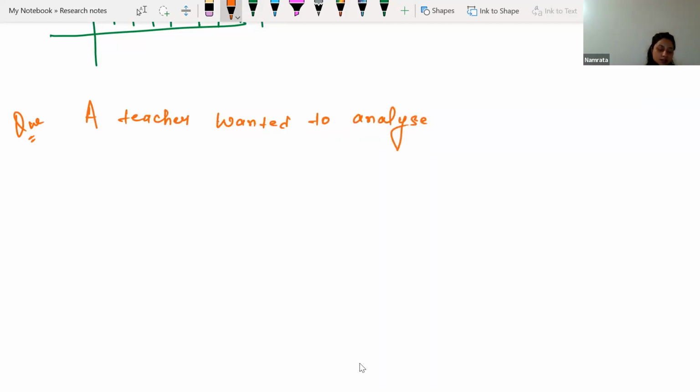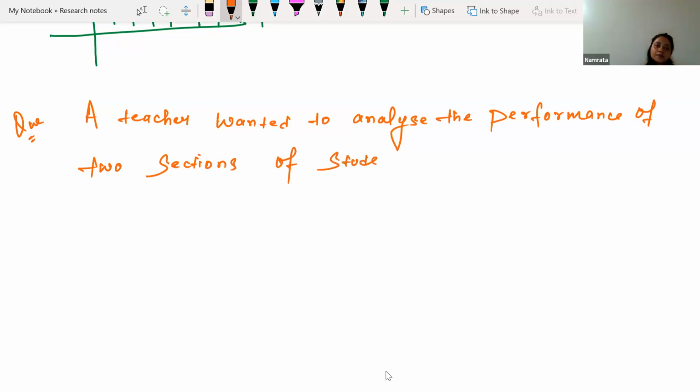wanted to analyze the performance of students in a mathematics test of 100 marks.